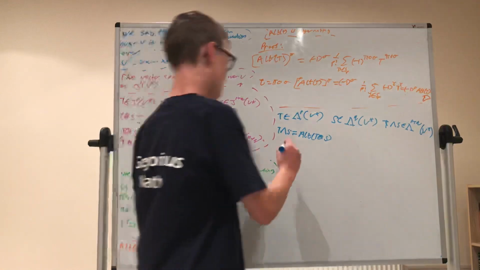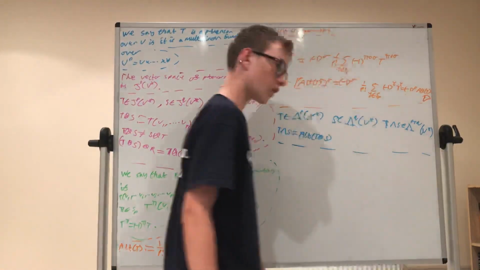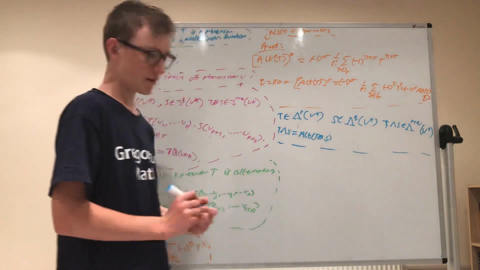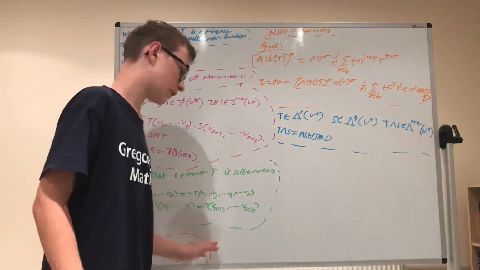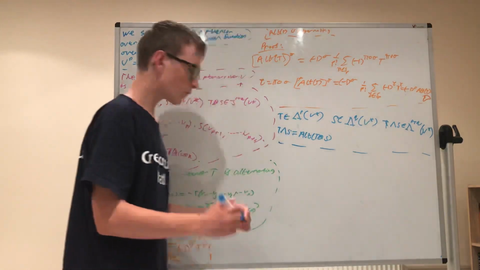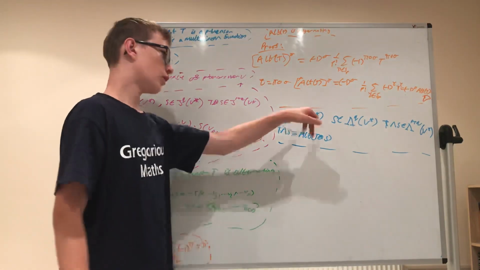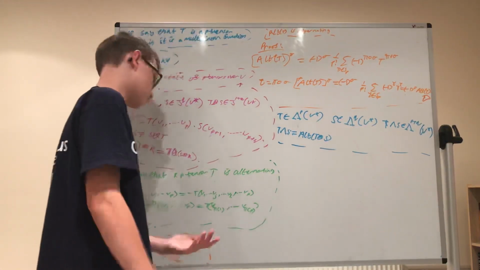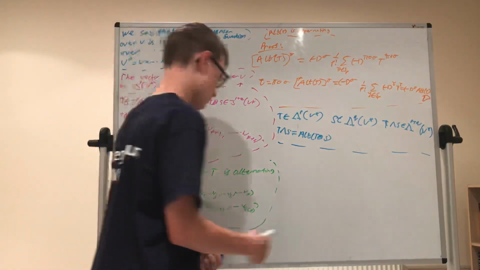And actually, it turns out that it takes quite a bit of work to prove this, and it's not really the intention of this video, so I'll just state this. Given alternating P, Q, and R tensors, I'm not going to write that out because it's a bit tedious, and you know what I mean.